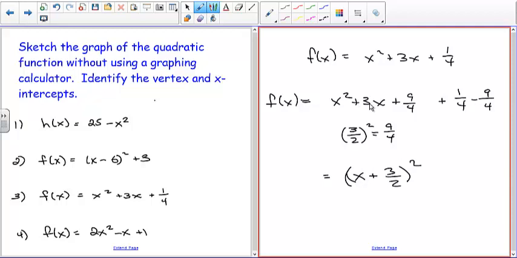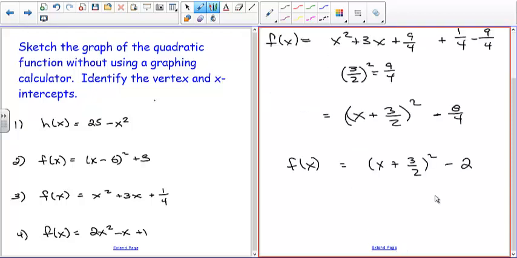So you add those two together, you get 3x. And then 3/2 times 3/2 gives you 9/4. Now here we have 1/4 minus 9/4, which is going to be negative 8/4. So we get x plus 3/2 squared minus 2.